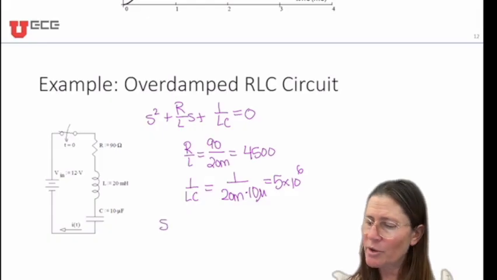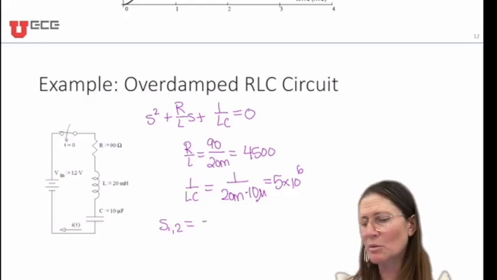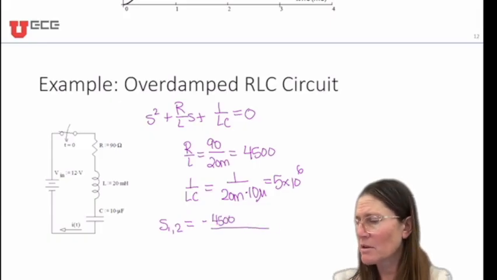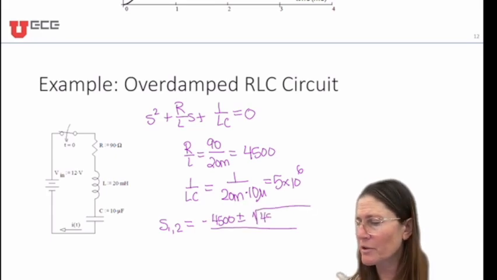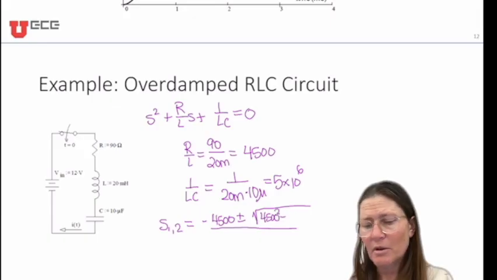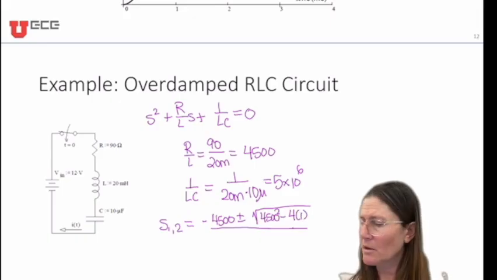And then our roots are going to be the solution of that. So minus b, which is going to be 4,500, plus or minus the square root of 4,500 squared, minus 4, and then a is 1, and 5 times 10 to the 6th.